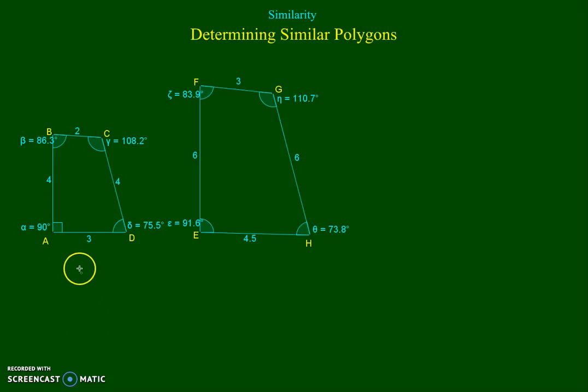First, we need to determine that all corresponding side lengths are in the same ratio, that is, the corresponding sides are proportional.